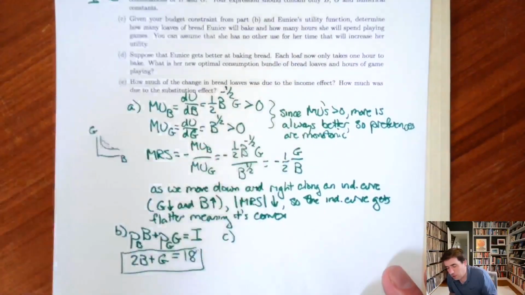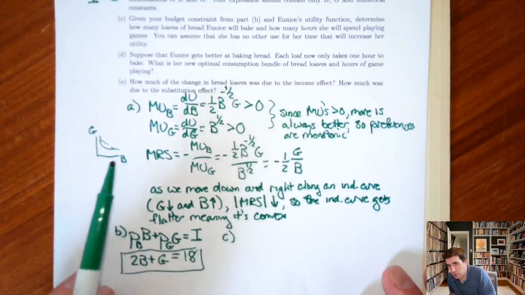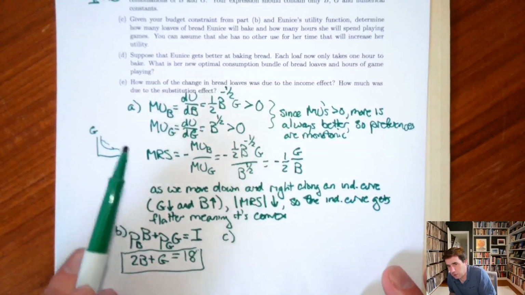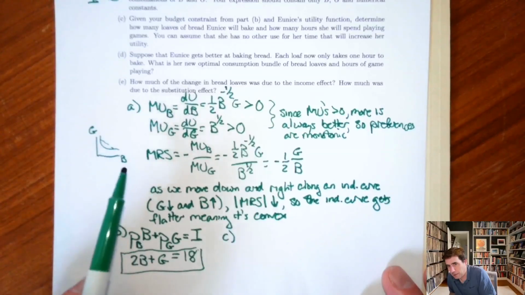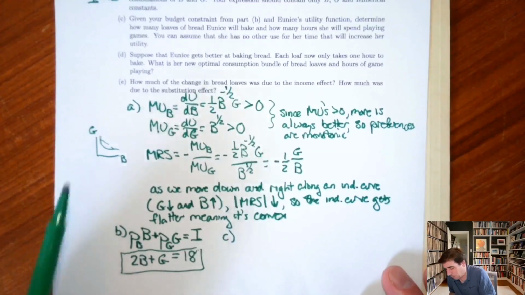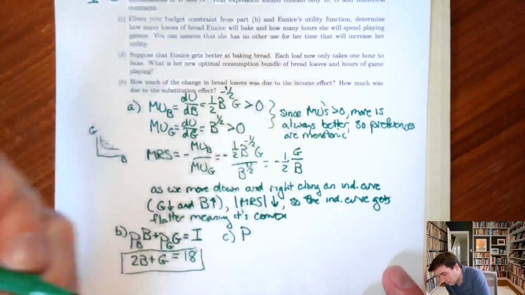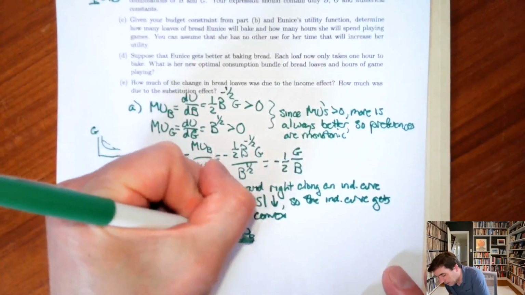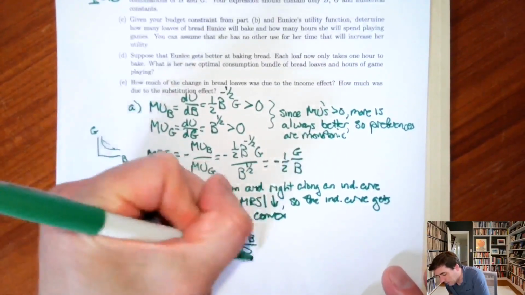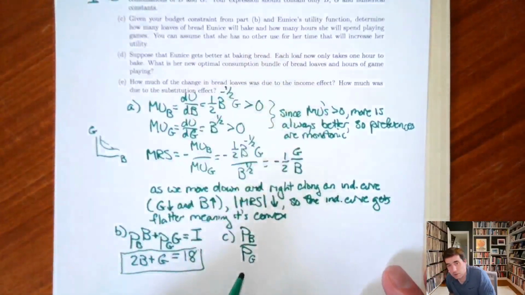So we're going to set up the slope of our budget constraint being equal to the slope of our indifference curve. And this is where it was useful that I wrote down my little mini graph over here to remember how I'm setting things up. Got B on the horizontal, G on the vertical. So the slope of my budget line is going to be the price of that horizontal good over the price of the vertical good, or at least that's the magnitude of the slope.